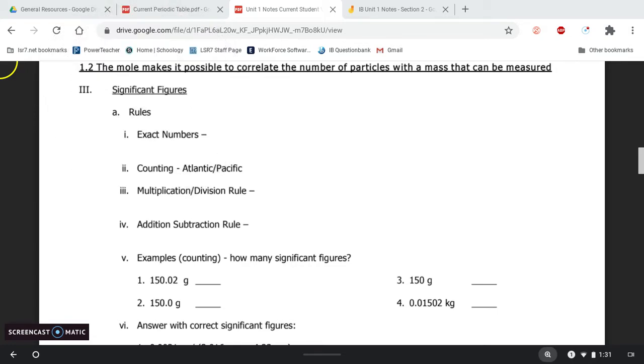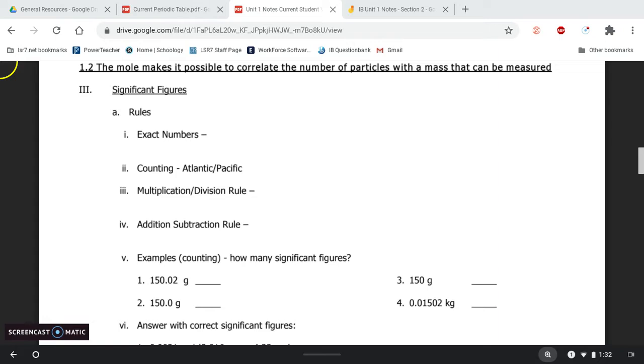So significant figures, guys, something that we have a lot of lab stuff that we want to try to do in here, and the reason for that is that you have an internal assessment, which is a lab research project that you complete and turn in at the end of your senior year, and it's 20% of your overall grade.